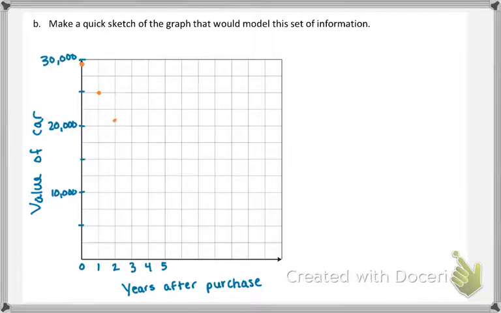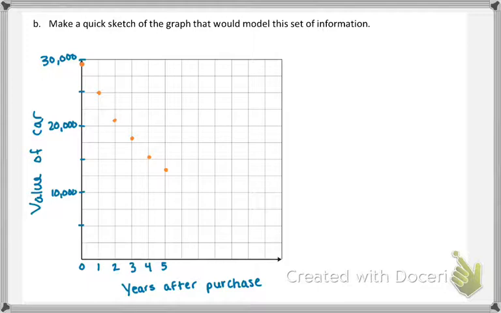And then year 3, 18,000-ish, so that would be right here about. And then year 4, a little over 15,000, and then finally year 5 is, as far as my table goes, 13,000.